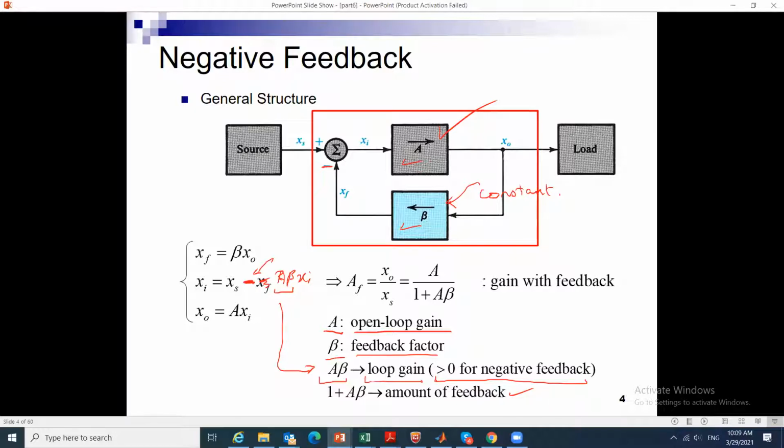Later we will prove, when we talk about stability, why we want A beta to be positive. From another perspective, here it is shown by definition.